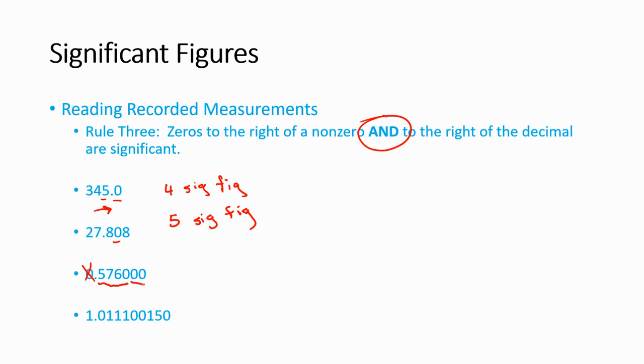They consider these zeros not to be to the right of a non-zero, but they are, right? It doesn't say directly to the right of a non-zero. It just says to the right of a non-zero. So all 3 zeros in this measurement, they're all 3 to the right of the decimal. All 3 are to the right of a non-zero. This is actually 6 significant figures.